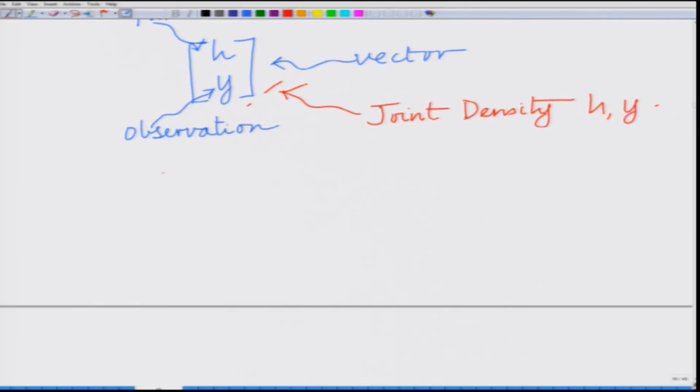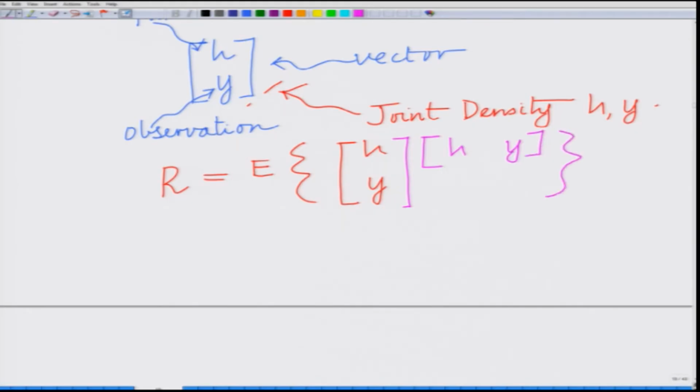Towards this end, let us define the covariance matrix R of this vector as the expected value of the vector (h, y) times its transpose, which is the expected value of the matrix with entries h square, h y, y h, y square.